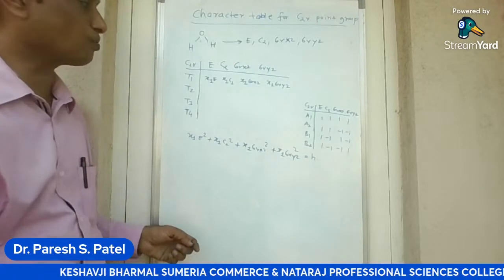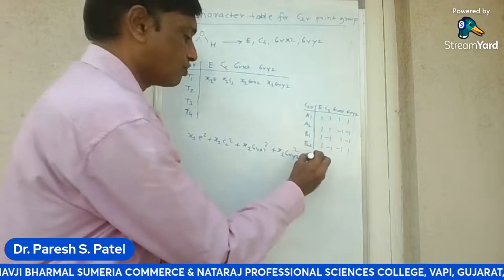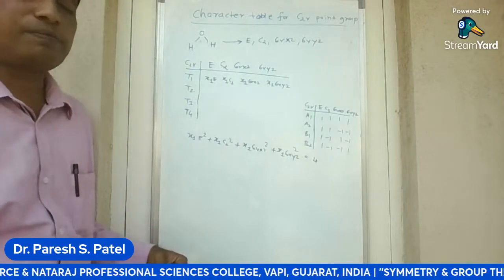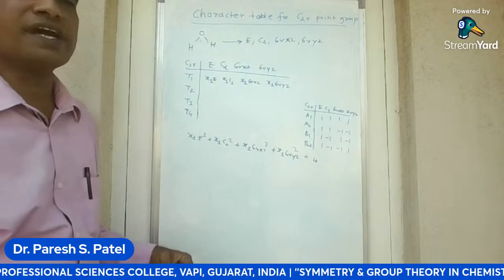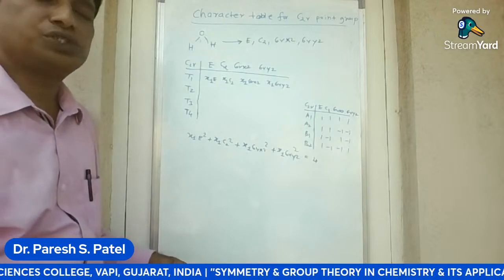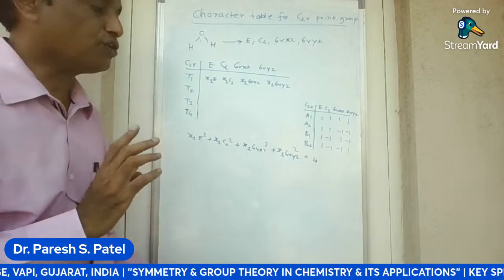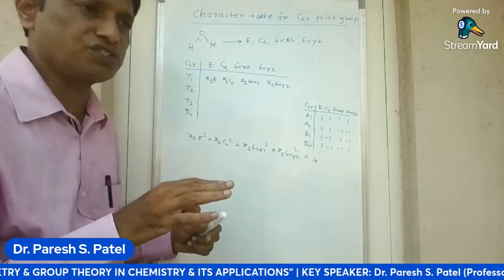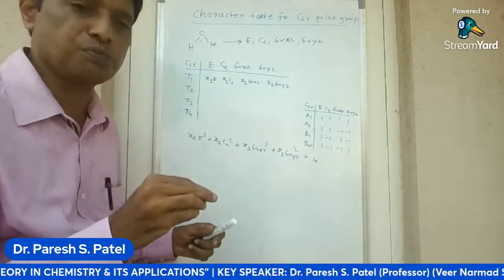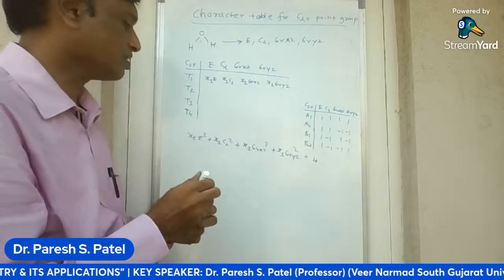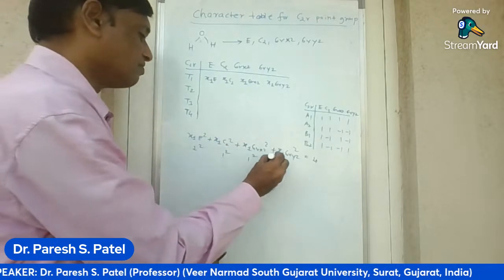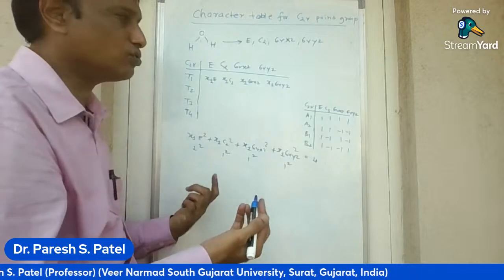In case of water molecule, order of a group is equal to 4. Now, character may be positive or may be negative, but to maintain the uniformity of any character table, first irreducible representation should be with respect to plus 1. Suppose if we take 1, so 1 square, 1 square, 1 square, 1 square is equal to 4.